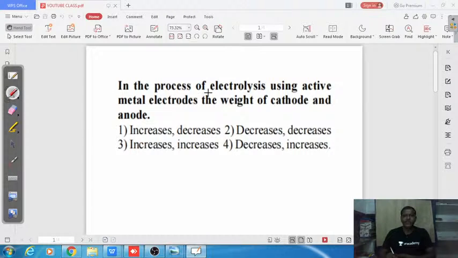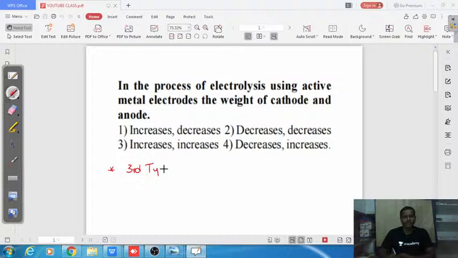The process of electrolysis using active metal electrodes. The weight of a cathode and an anode increases or decreases. Okay, so it is the third type of electrolysis.